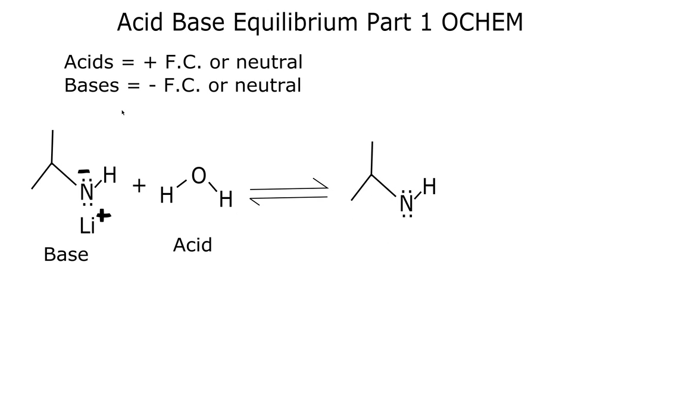Okay, so let me keep doing this. Okay, we identified our acid and our base. And what an acid does is an acid donates a proton, and a base will accept that proton. So we will use electron arrows to show what we're doing here. We'll be forming a bond and we'll be breaking a bond.